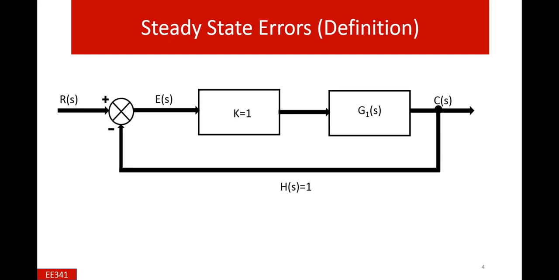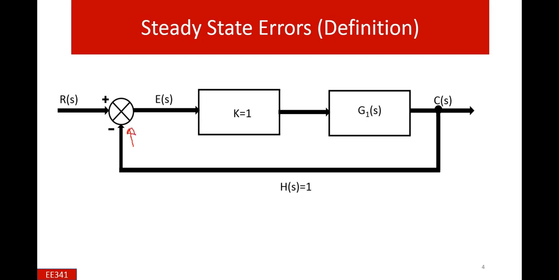In this case, we take K equal to 1, and G1(s) is the open loop transfer function, R(s) is the input value, and C(s) is the output or desired value. E(s) at this point is the error signal, which is the difference between the input value and the value coming from the feedback with negative feedback.